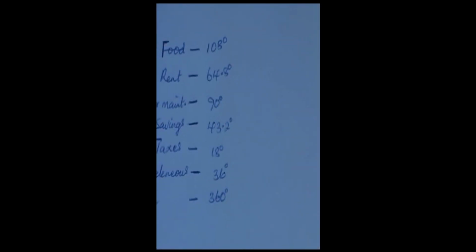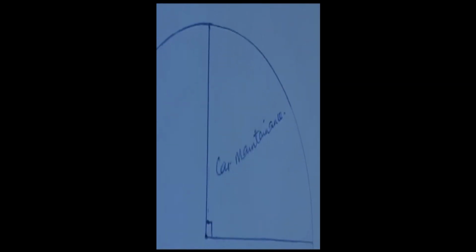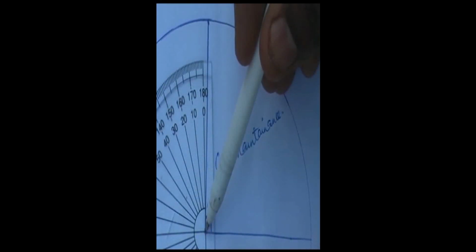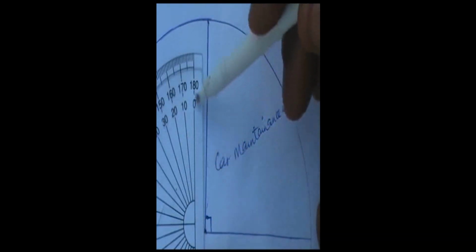Then after car maintenance, now you can go back to number 1, which is food. Food is 108. So go back to your drawing board. Make sure the center of this protractor, or the point of intersection on your protractor, tallies with the center of the circle, and the line at the base of your protractor also tallies with this line.